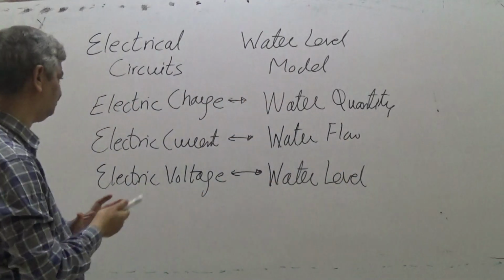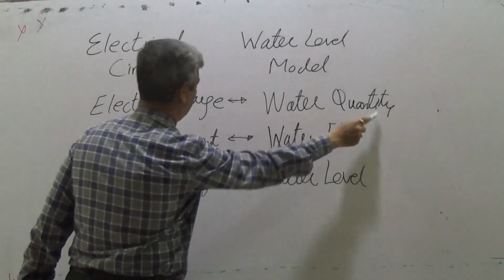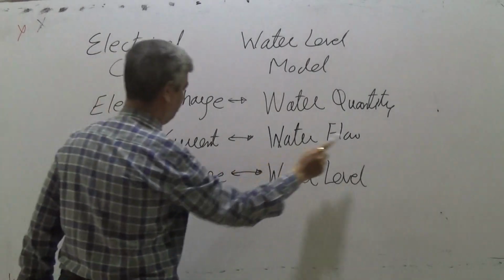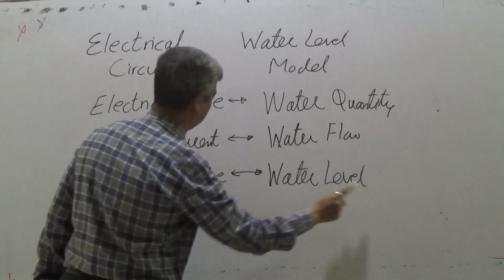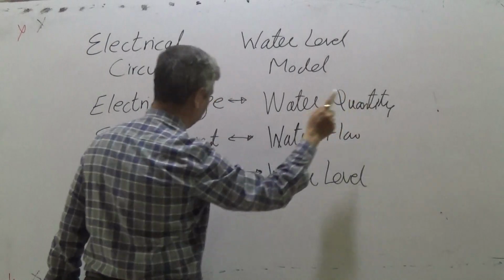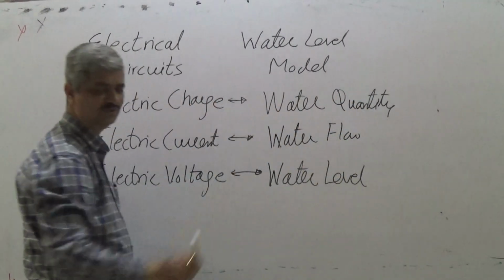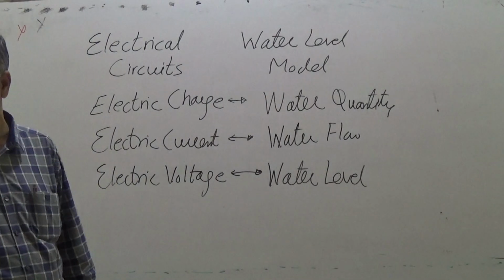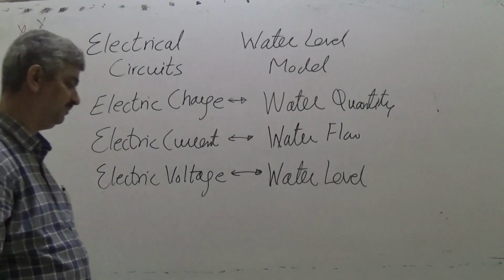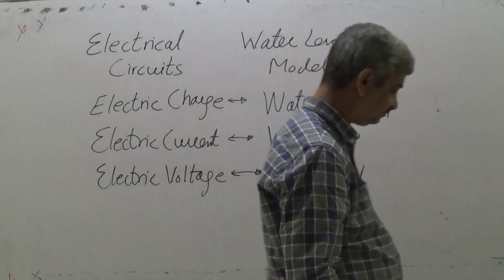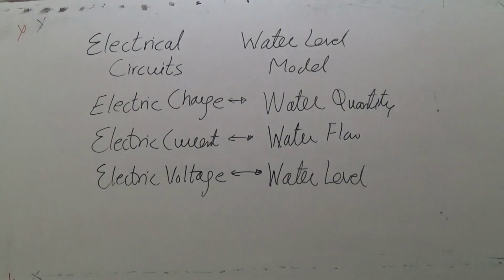So electric charge is water quantity, electric current is water flow, electric voltage is water level. So charge is quantity, current is flow, voltage is level. These three equivalent terms we have defined. Now with this, we will define what is Ohm's law equivalent in the water level model. It's a very difficult question which I have asked.